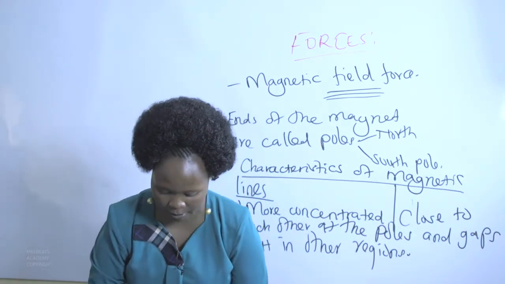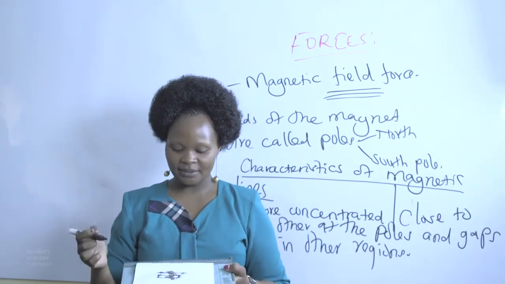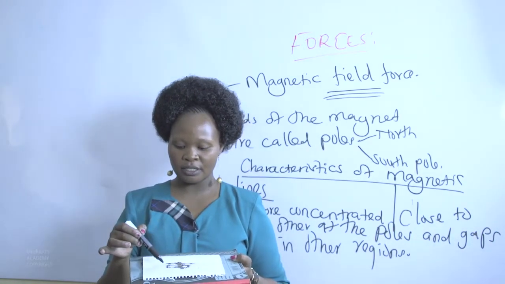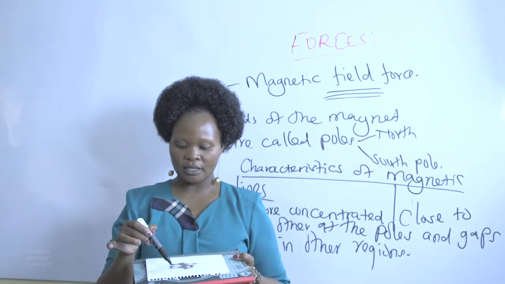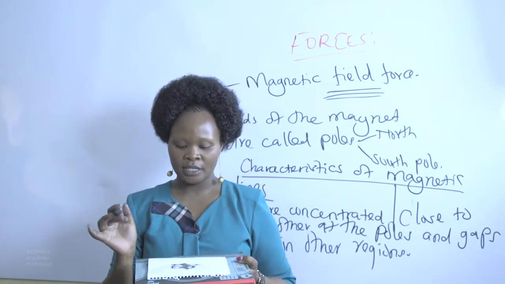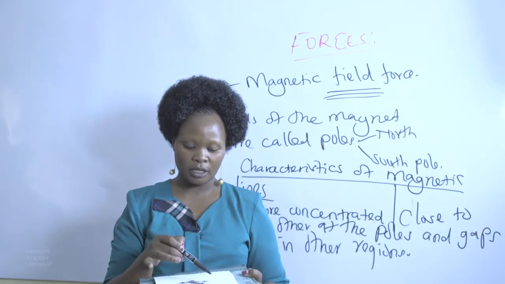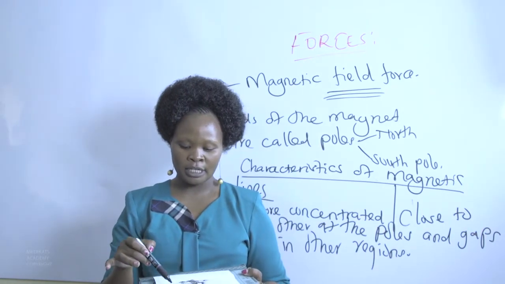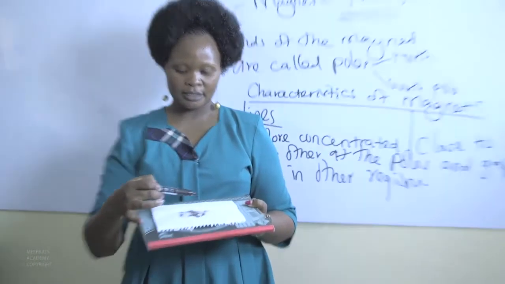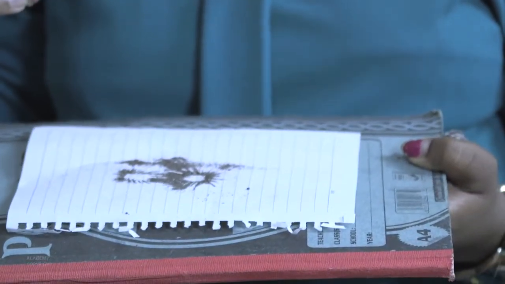We look at the pattern that we are having here. Again, we can see that at the poles we have more iron filings, and towards the other regions the density lessens. That is what we are talking about. The arrangement of the iron filings at the poles is close to each other and lessens elsewhere. They gap out as we move away from the poles.